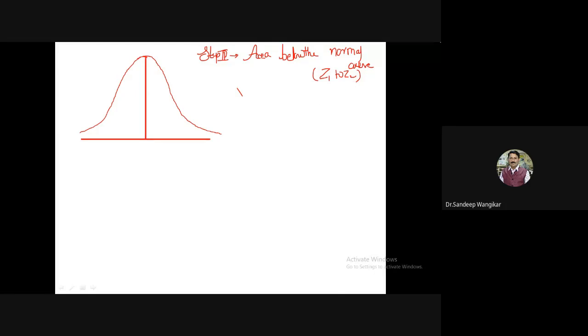So see here what are our values. This is the normal curve. I will say here 0. So one value is 1.25. Other value is minus 1.25.